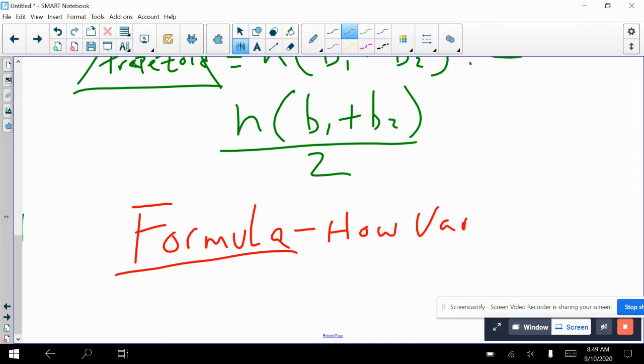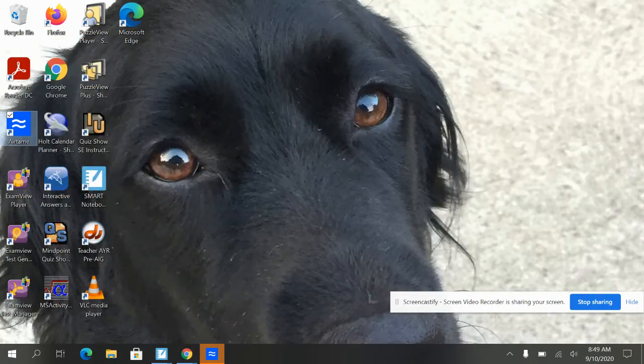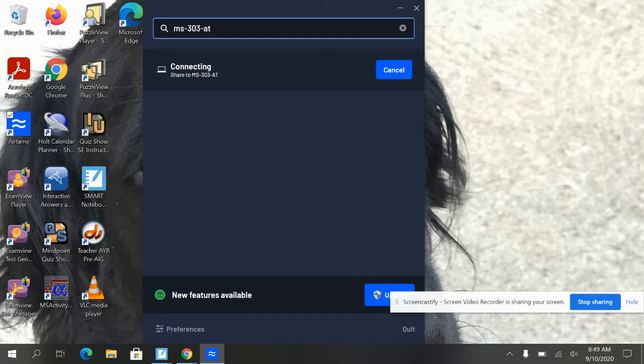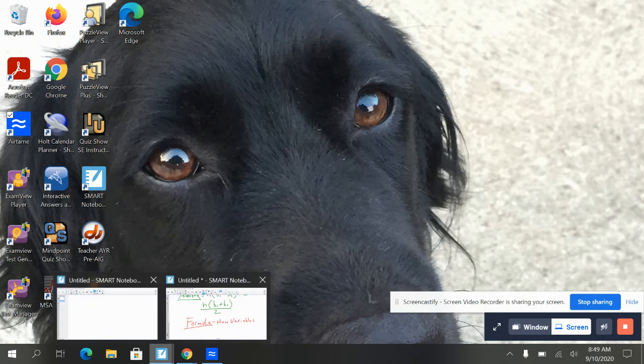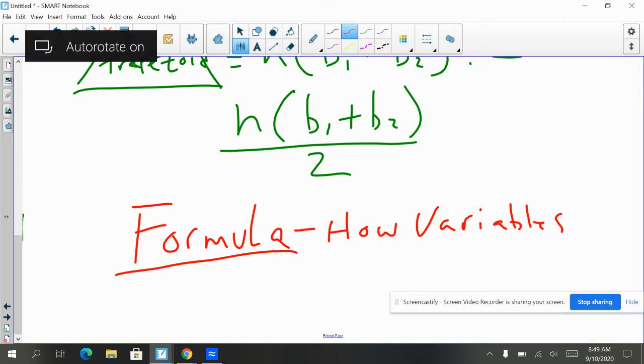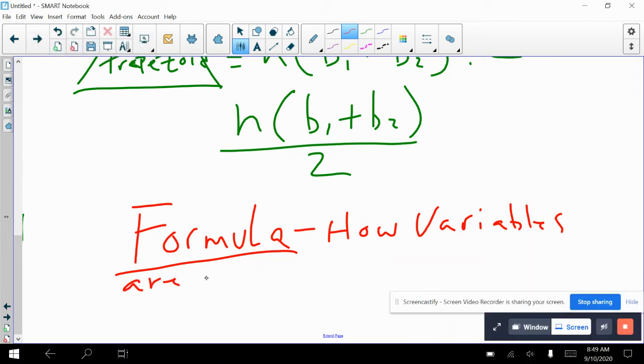How variables are related to one another.